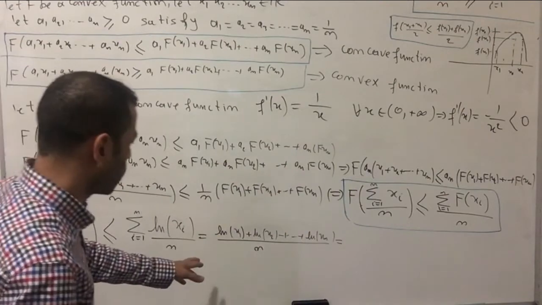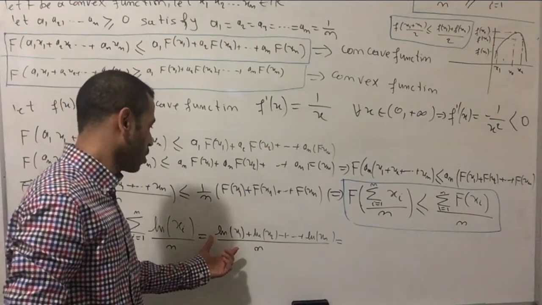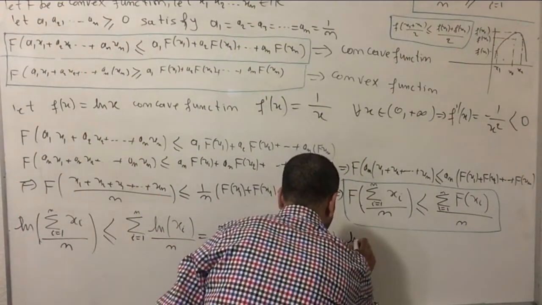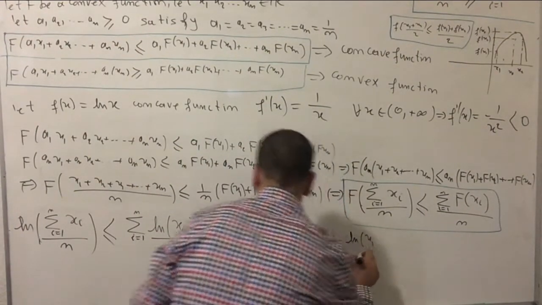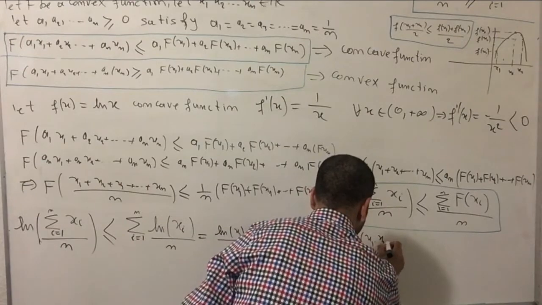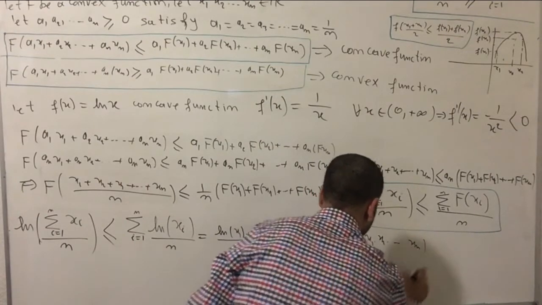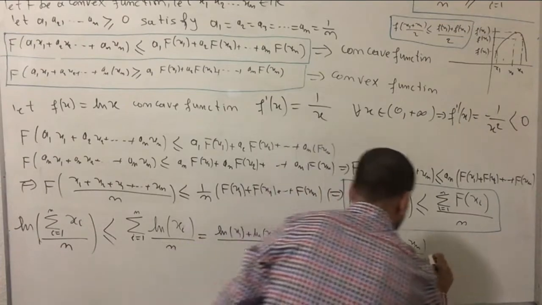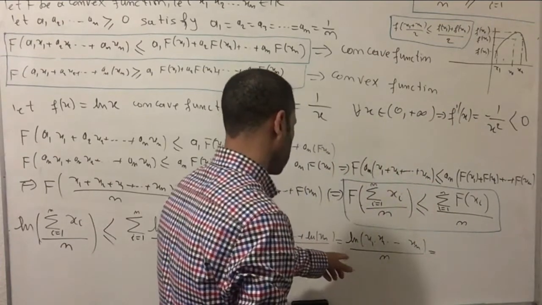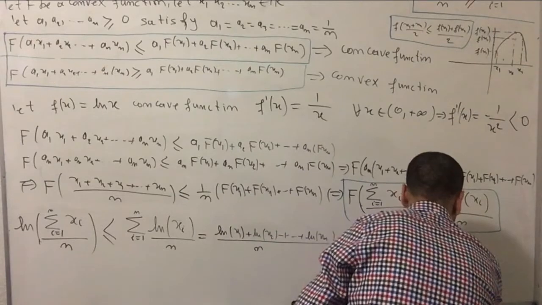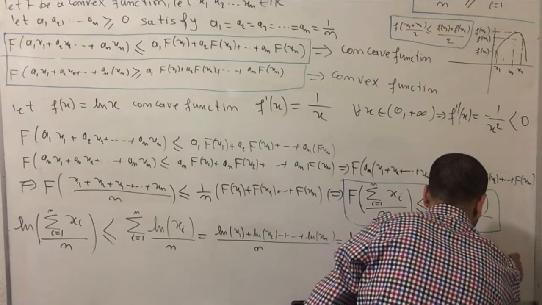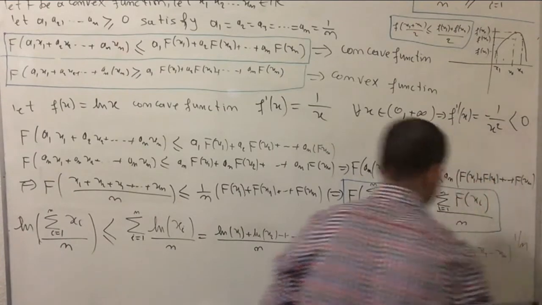This one I'm going to apply the logarithm rules, which is natural log of x1 product x2 and so on until you get the last term, over n. This one equals x1, x2, and so on, xn, to the power 1 over n.